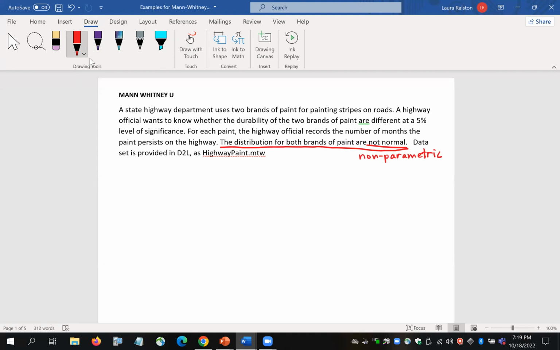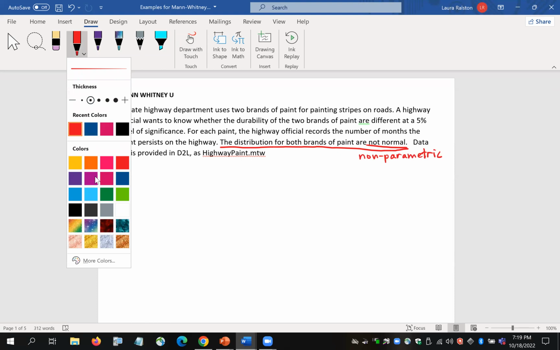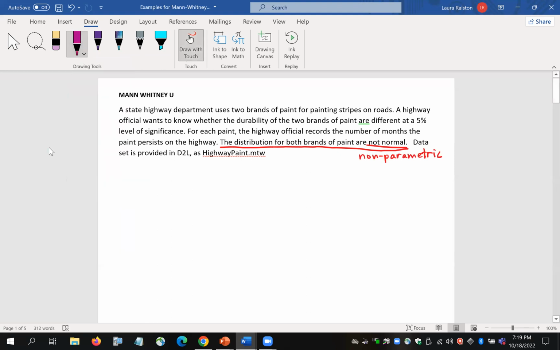But then if I go back and look at the beginning of the story, it says it uses 2 brands of paint. So again, I have 2 populations, because I've got 2 brands of paint. And the variable I'm interested in, they call it the durability, but it's how long the paint lasts.